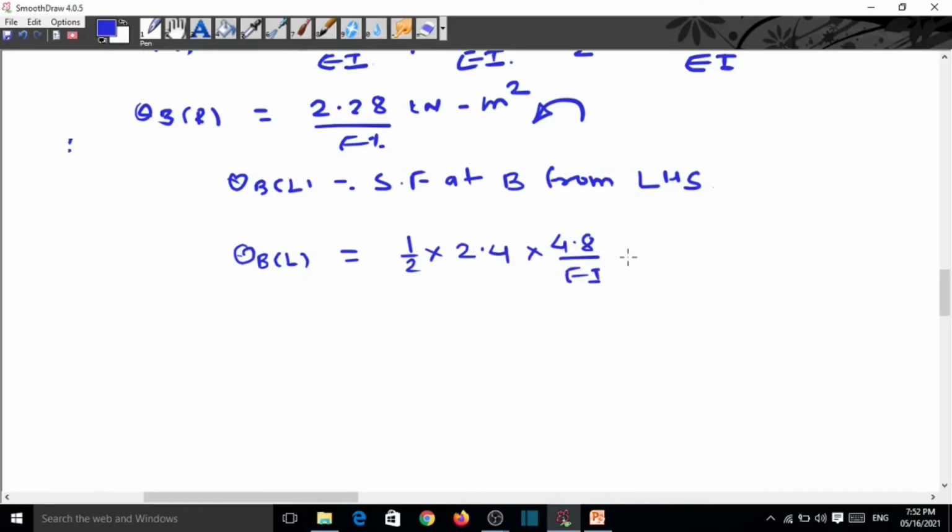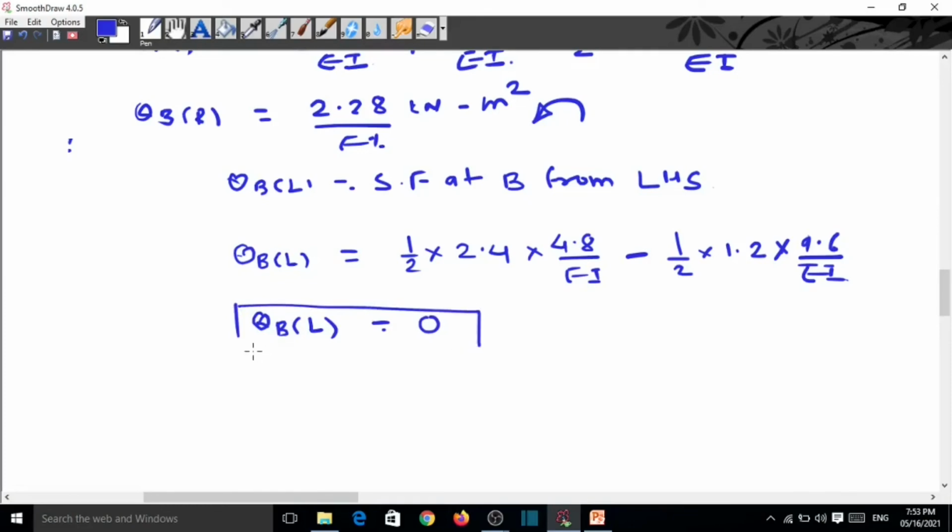It's a positive, and negative is the small triangle, that is 1/2. Base is 1.2 and height is 9.6 divided by EI. So this answer is the 0. So theta b from left side is the 0. And theta b from the right side is 2.28 divided by the EI. And this is the P1.